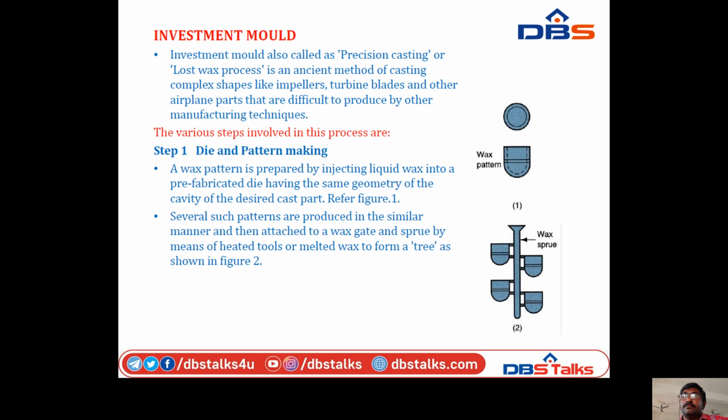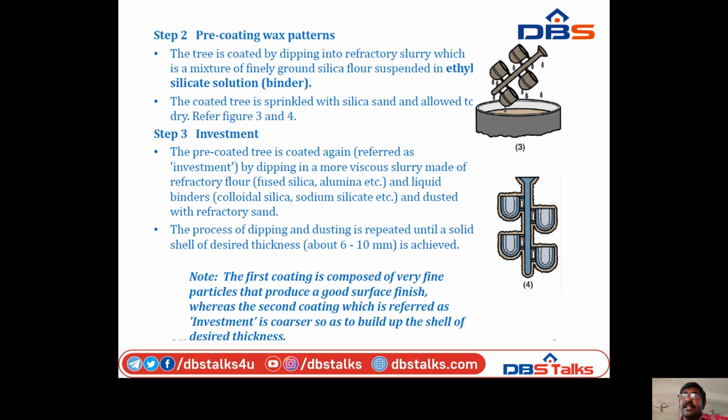Next, step 2, pre-coating the wax pattern. The tree is coated by dipping into refractory slurry, which is a mixture of finely ground silica flour suspended in ethyl silicate solution.